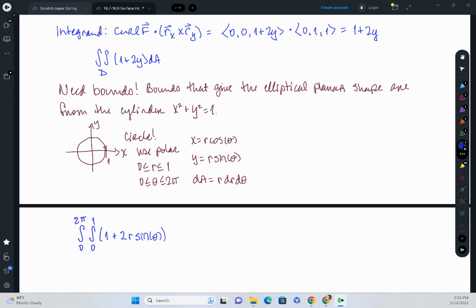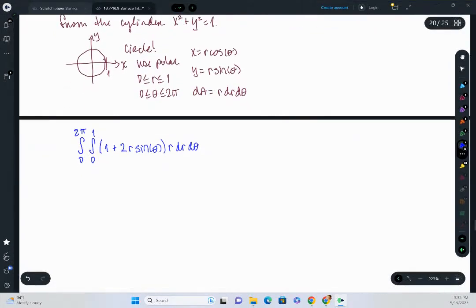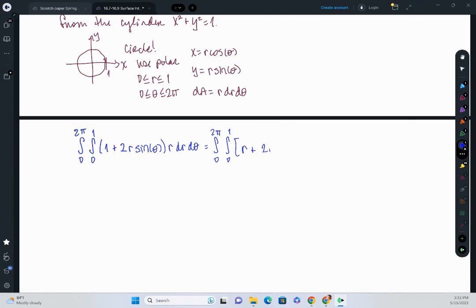And then my dA is r dr d theta. Okay, this is what we're working with. So we're back in polar coordinates, right? Like what we did in 15.3. So first I'll distribute the r. I get the integral from 0 to 2 pi, 0 to 1 of r plus 2r squared sine of theta, dr d theta.